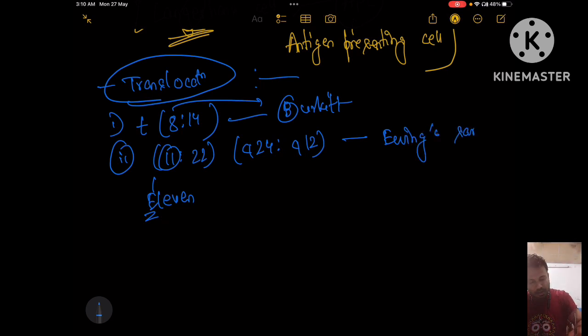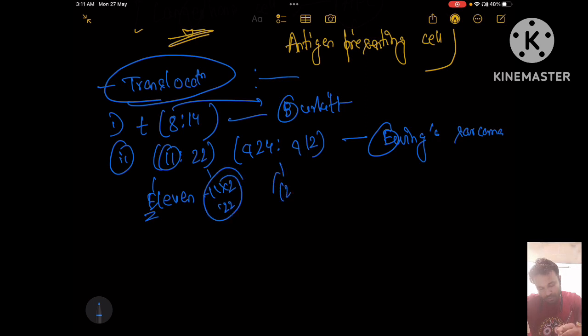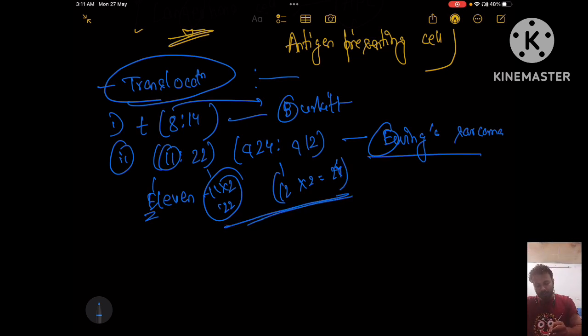E for Ewing sarcoma. You can also remember 11, 22, 12, 24. In this way, you can remember Ewing sarcoma.